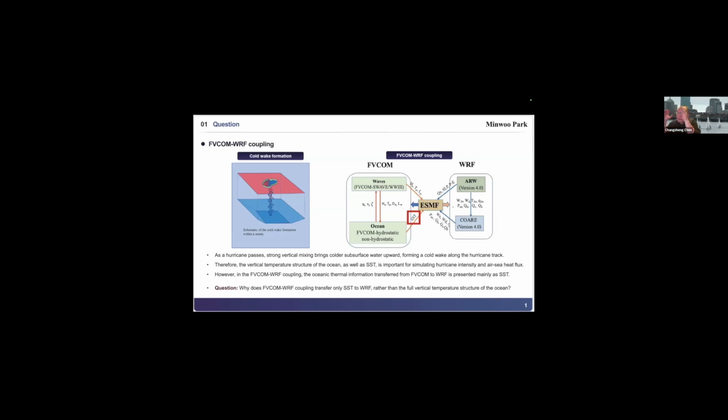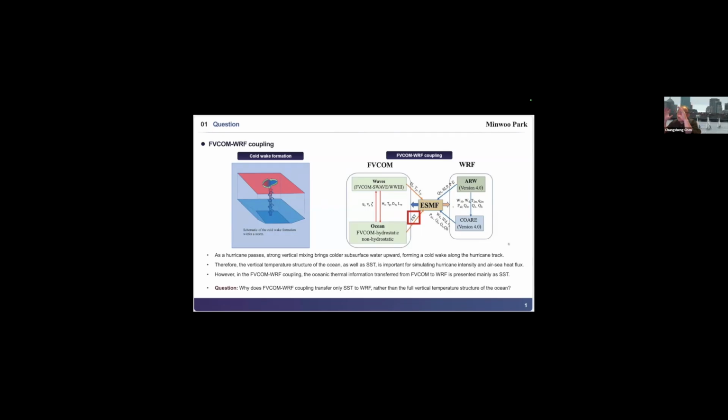If you look at the Kerry Emanuel paper, MIT professor Kerry Emanuel had a theory based on how the temperature can affect the hurricane. He said that with a warmer sea surface boundary condition, you get a stronger hurricane.